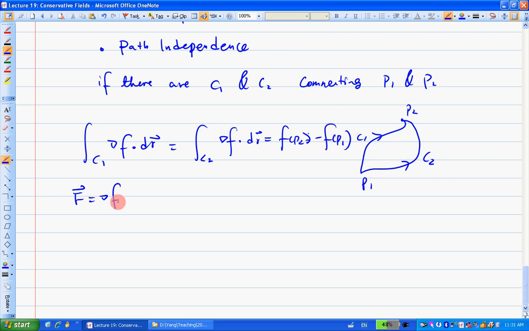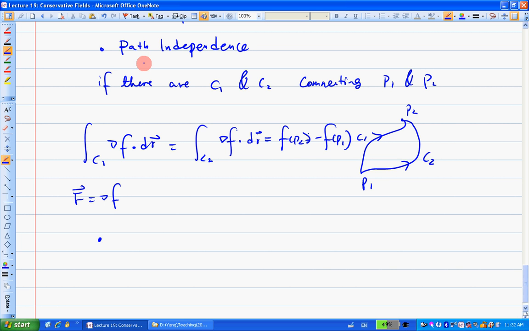That's when you can use this fundamental theorem of calculus. Of course, the million-dollar question is how do I know, so that's what we're going to cover next. But the number one thing is if you know your vector field is the gradient of a scalar function f, and you know the function f, then you can use this theorem.